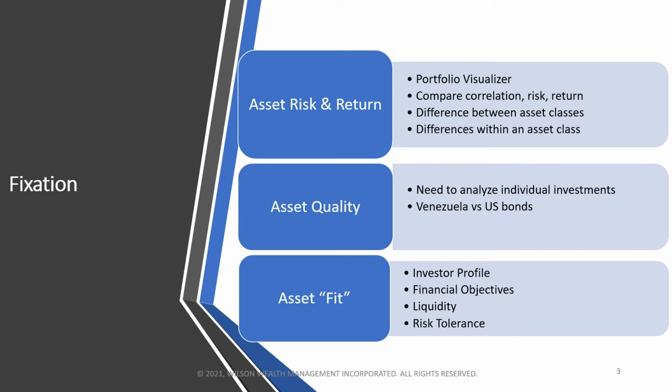In that same token, you also have to assess the asset fit in the portfolio. And that's your investor profile. How does that asset fit into my financial objectives? How might that asset address my liquidity needs for near-term high priority objectives?